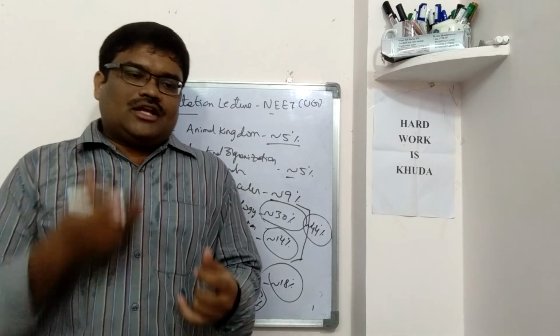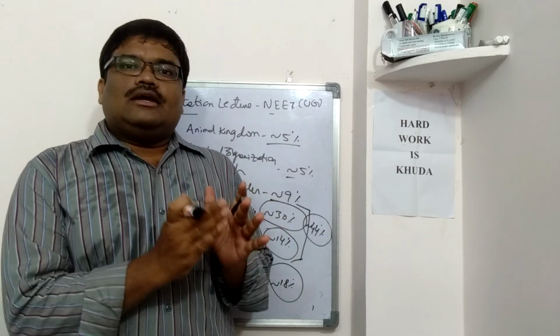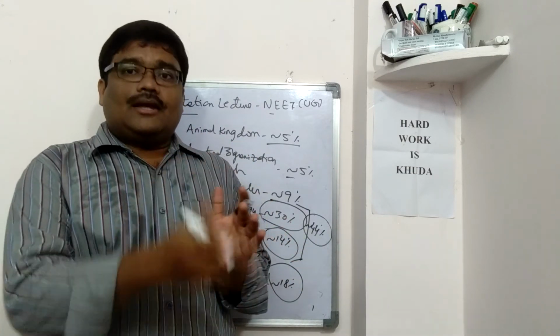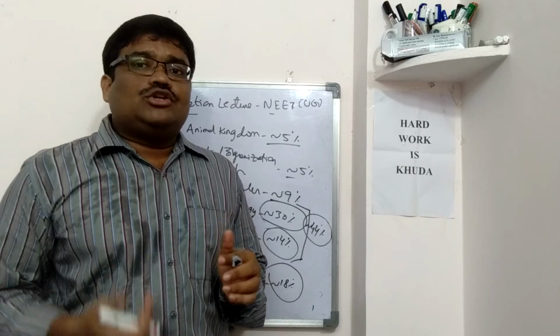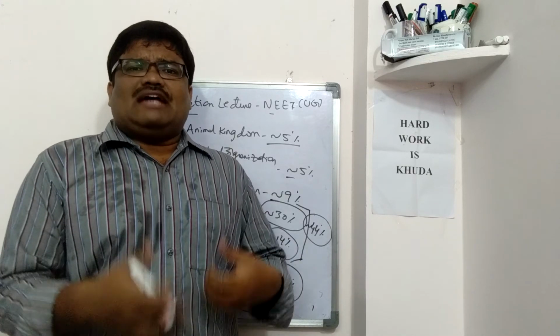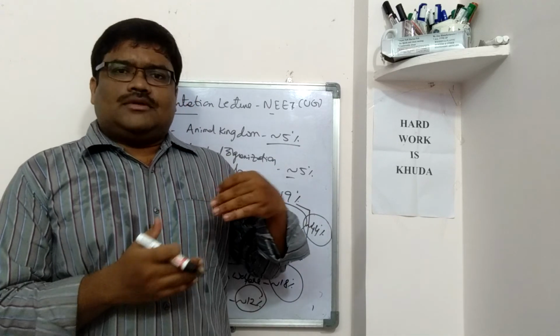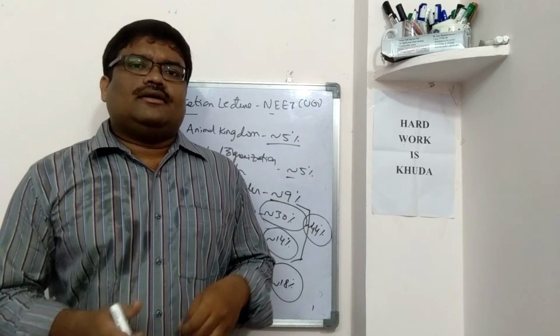So as I mentioned, revisions, re-revisions, we have to rely on a standard NCERT book, then a reference book, and regular mock tests and a regular time schedule are most important, because getting as many marks as we can in biology is very important in clearing the NEET exam and to get our desired medical seat.